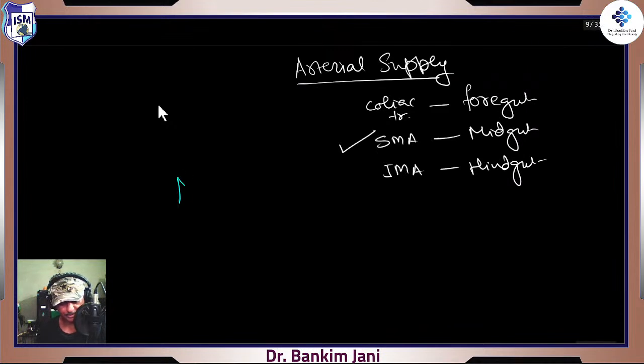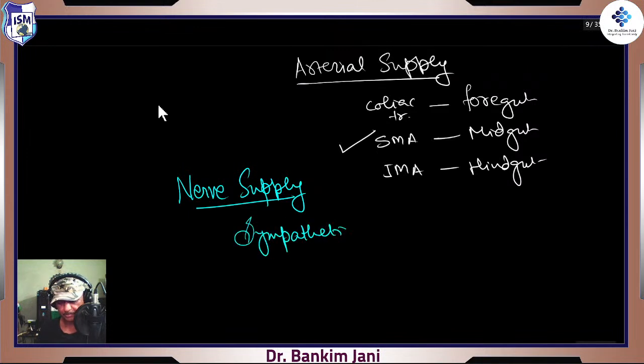Regarding the nerve supply, it is also very specific. We understand that there is sympathetic and parasympathetic. When we are under stress, definitely we won't want our food to be digested, wasting time on that. When the fight is there, why digest the food?